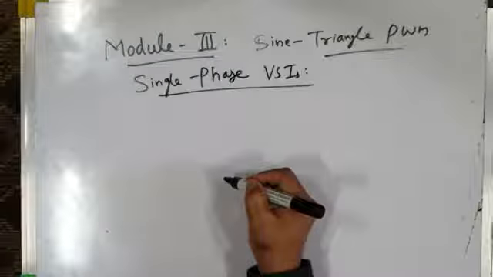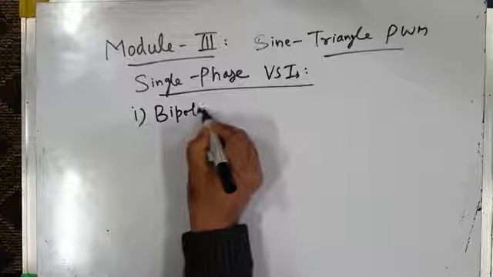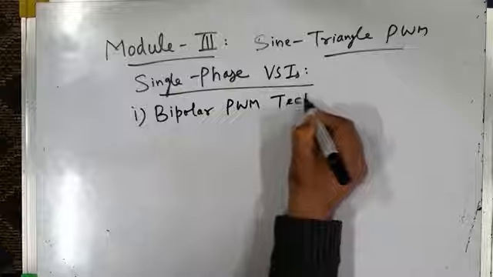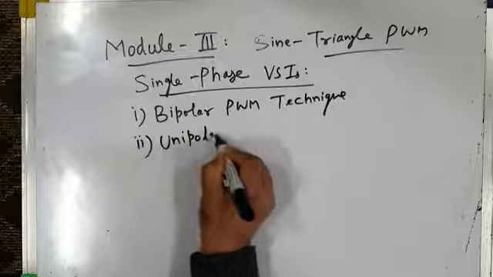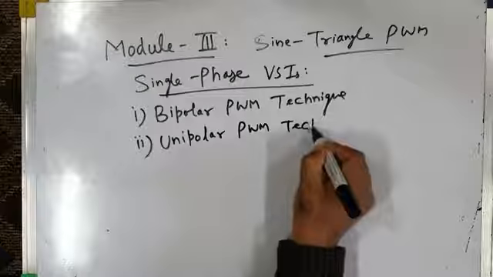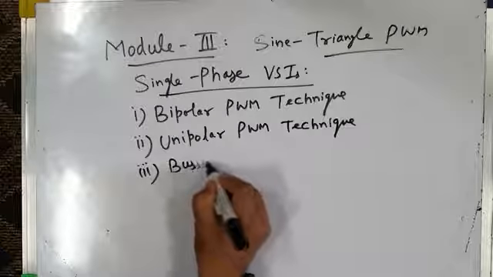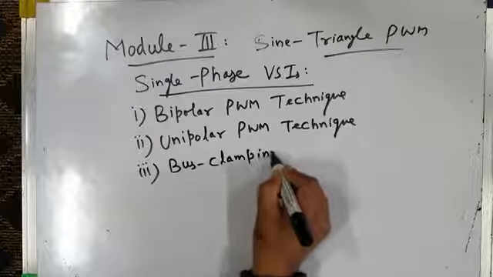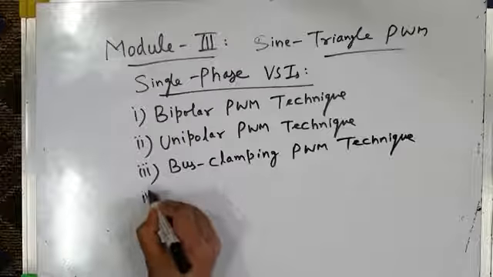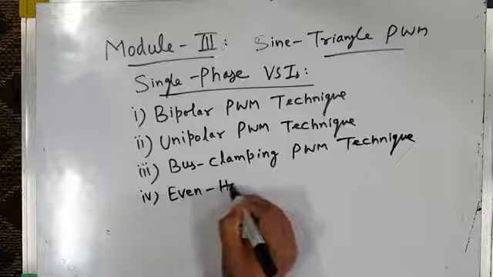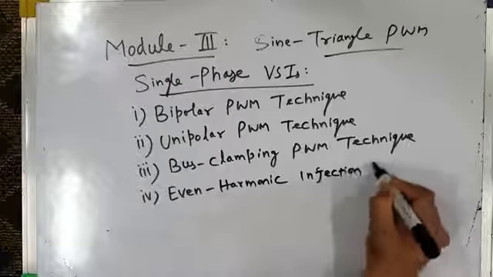For single phase voltage source inverters, various high switching frequency PWM techniques are: number 1, bipolar PWM technique; second is unipolar PWM technique; third method is bus clamping PWM technique; and fourth technique is even harmonic injection PWM technique.